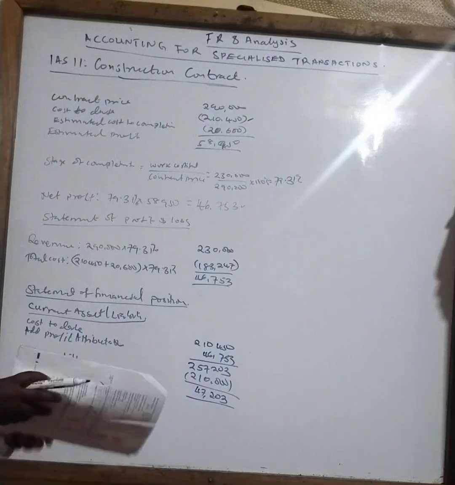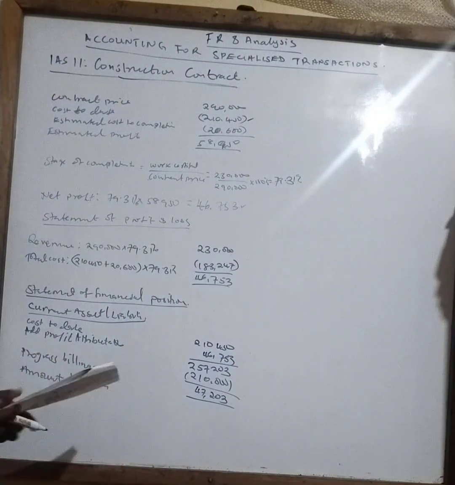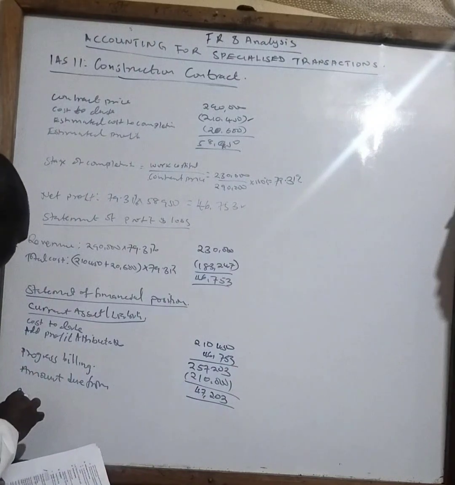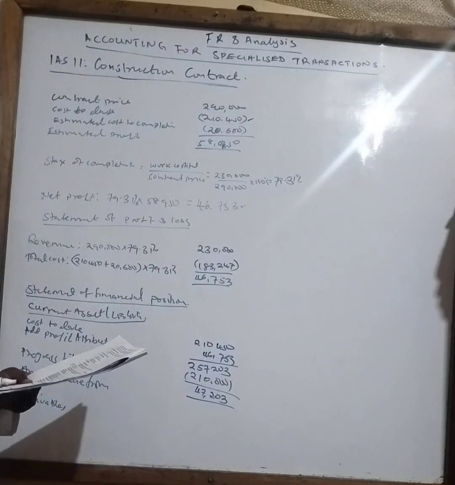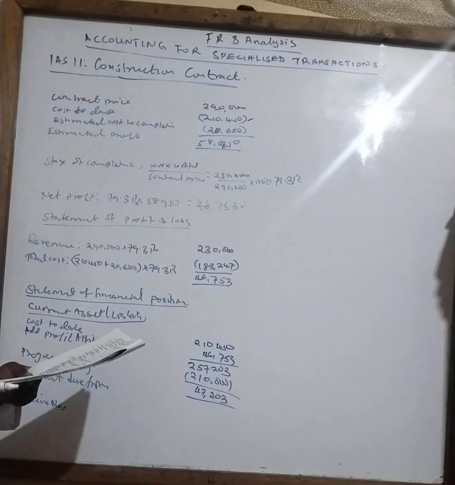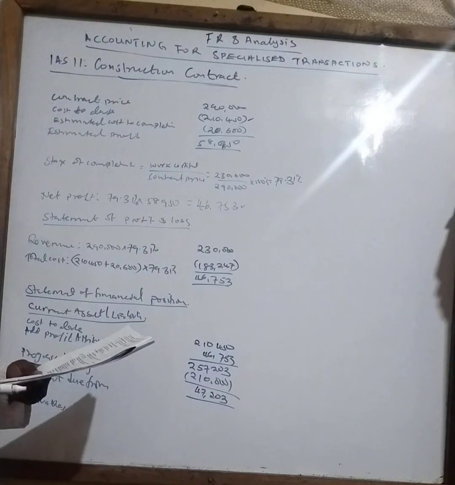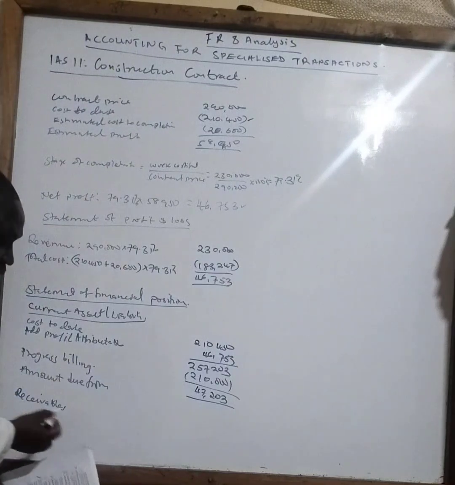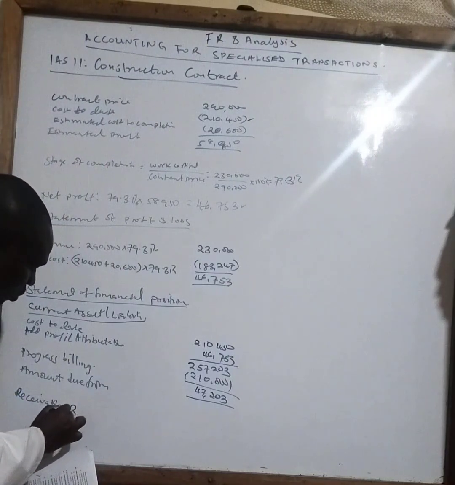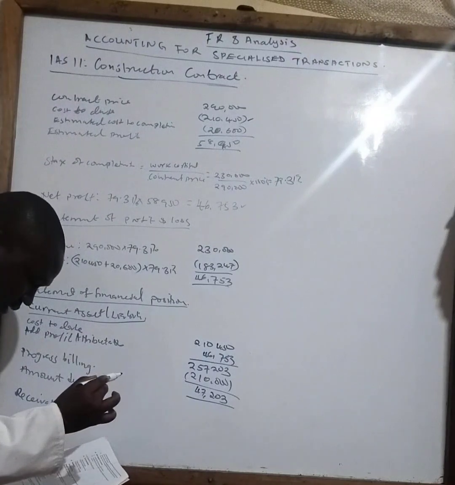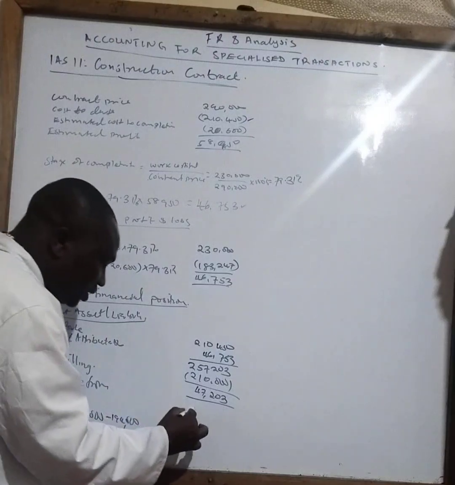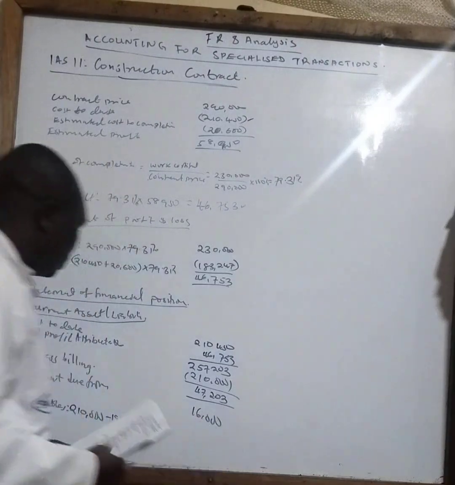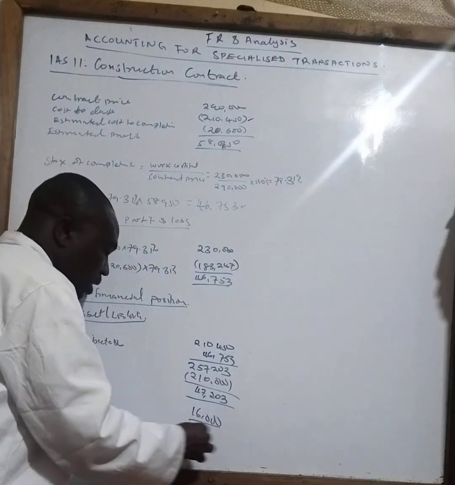From here, check the question again. We have now receivables in this case. How much has been billed? We billed them 210,000, but they have only paid us 194,000. So 210 was billed, correct? But we have only received 194,000. So how much is receivable? We still await 16,000.